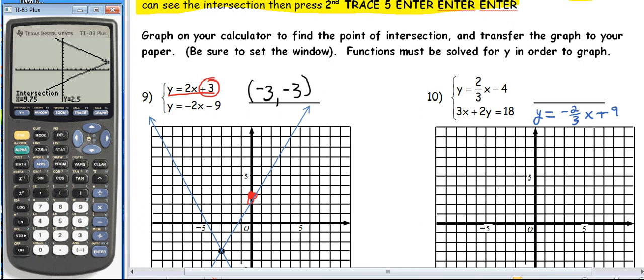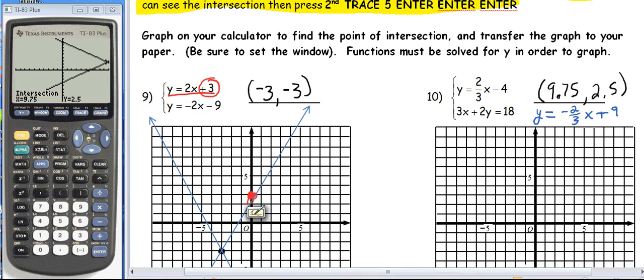Now that would be a very tough one to come up with just by simply graphing. So let's go up here, and we're going to put in our equation. 9.75, and it's alright to put in the decimals right here, and 2.5.